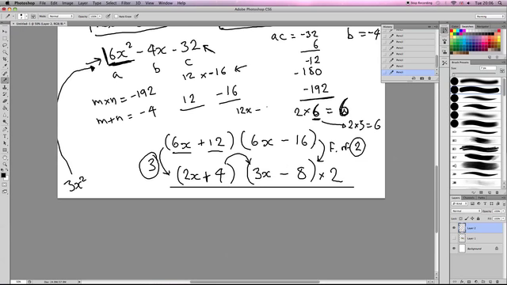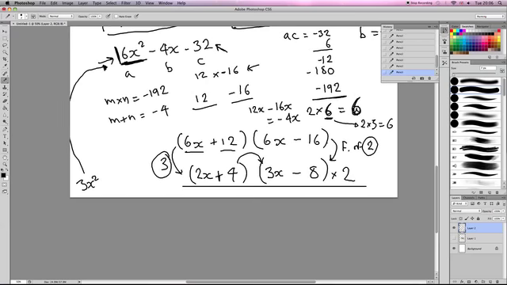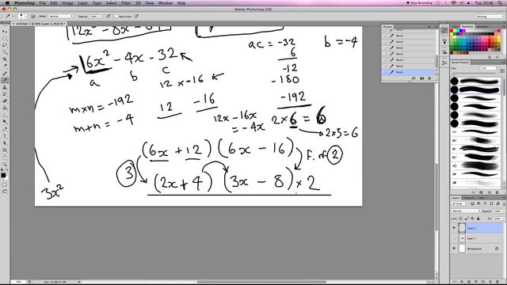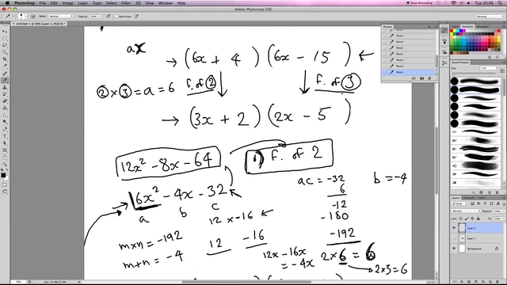That gives me minus 16. They add up to minus 4x. Let's check it. I've got a minus 4x there. And 2x times 3x does give me 6x squared. Brilliant. This is the last step, I need to times that by 2. If I times by that 2, I do get the one above, which is where we started.